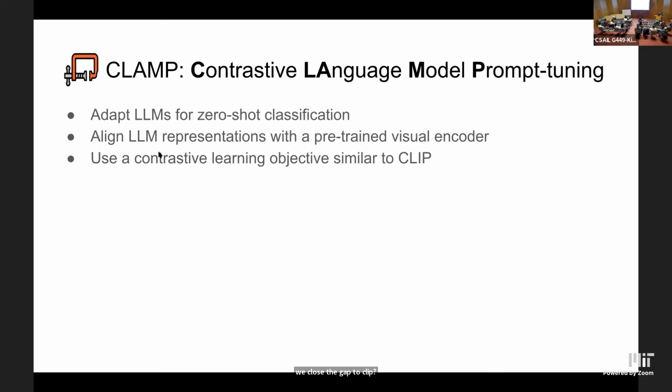In order to do this, we want to align the LLM representation with the pre-trained visual encoder. To do that, we want to use a contrastive learning objective, which is similar to the CLIP objective.